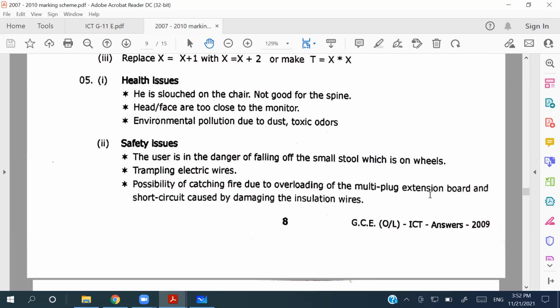Yes, and short circuit caused by damaged insulation of wires. So those can be considered as the safety issues. Again 3 marks if you have written anything related.